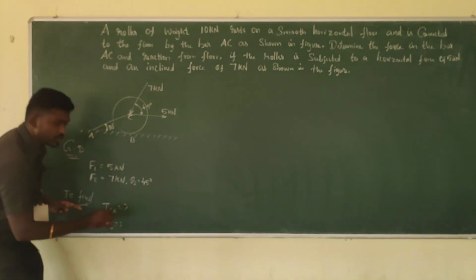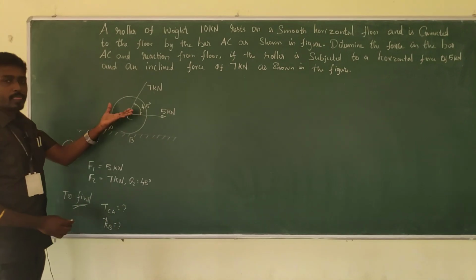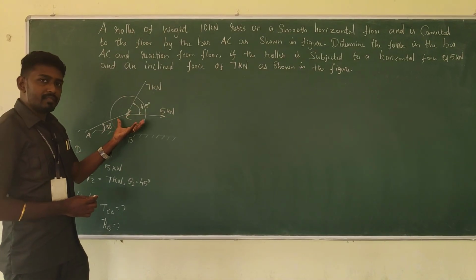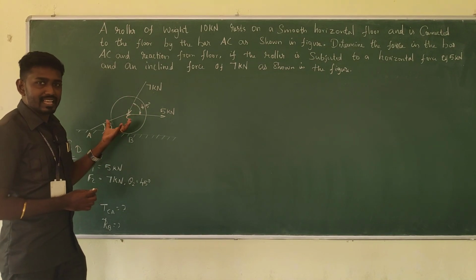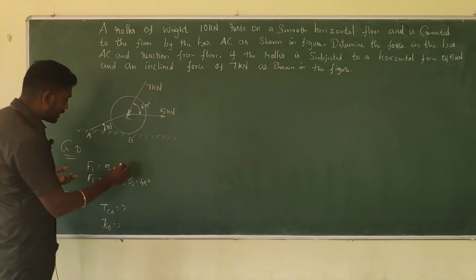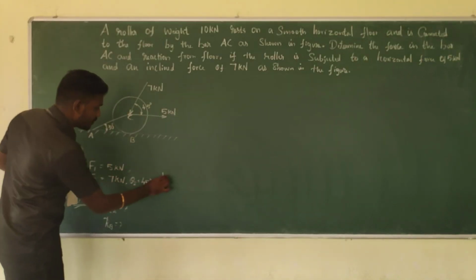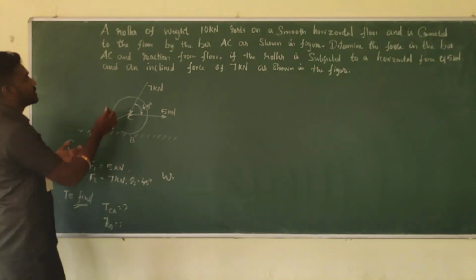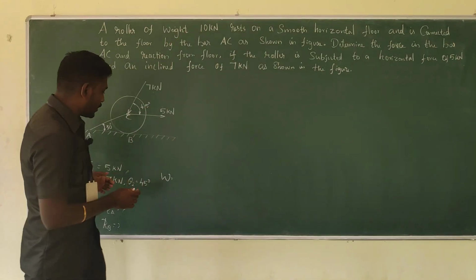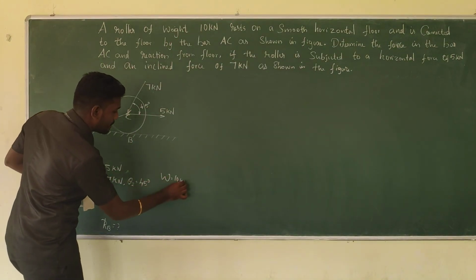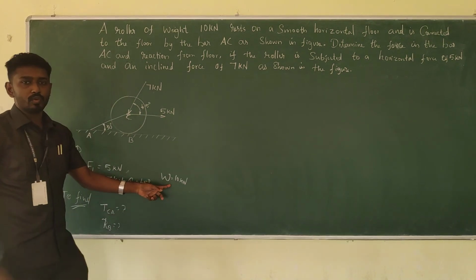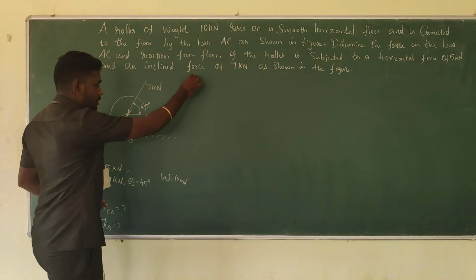In the given data, if there is a body, the body definitely has its own self weight, right? That also we can include here. So weight of the body. Just consider here, in the question given, 10 kilonewton. So take in the given data 10 kilonewton. Okay. Move to the solution part.